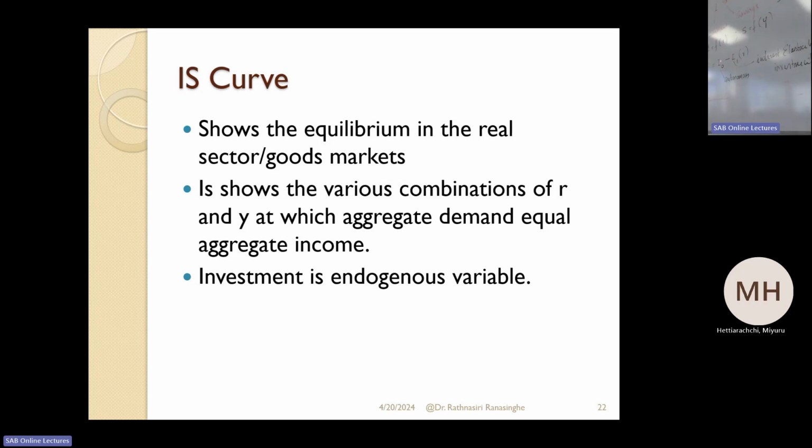Now I1 is the interest elasticity of investment, which explains the sensitivity between the interest rate and the investment. That is also a very important factor because it determines the slope of the investment curve. In our IS curve, investment depends on the interest rate, and savings depends on the income. The slope of the saving function is 1 minus B. What is 1 minus B?